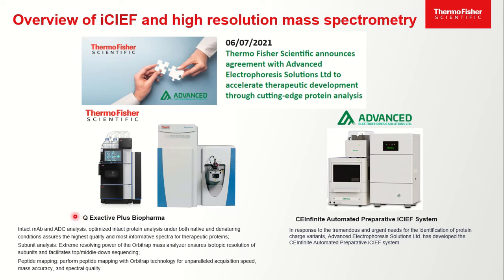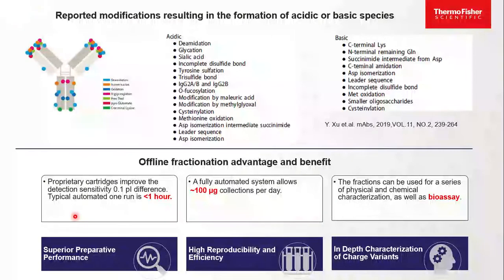and intact protein results. We all know charge variant analysis is important because the charge variation of mAbs reflects the sum of various PTMs, as you can see here, and characterizing biologic charge isoforms is useful for many life cycle stages, including cell line selection, stability studies, formulation, and process control.